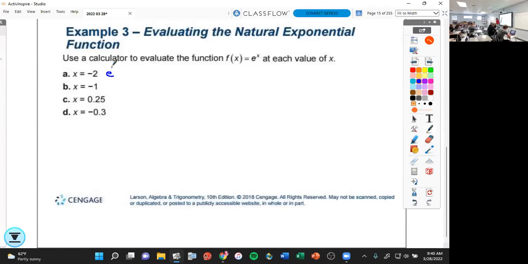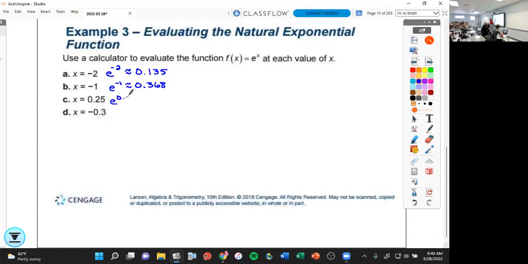So e to the negative 2 is about, give me 3 decimal places. E to the negative 1 is about, okay. E to the 0.25.